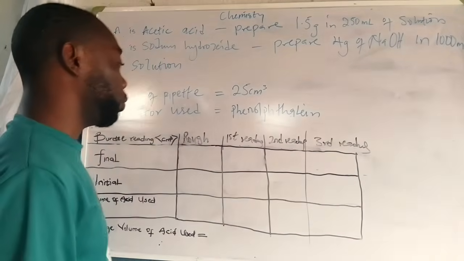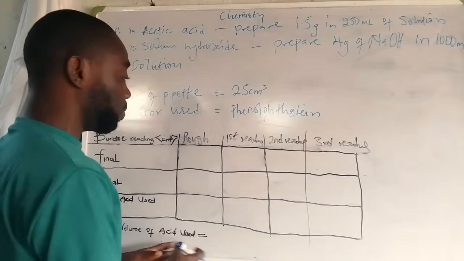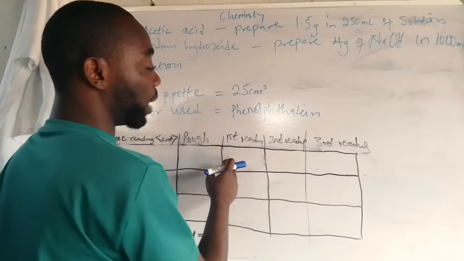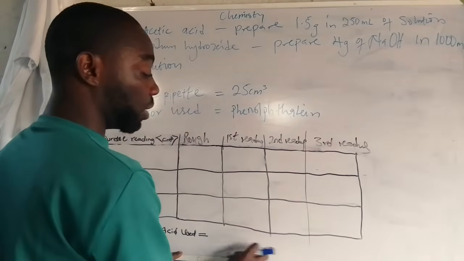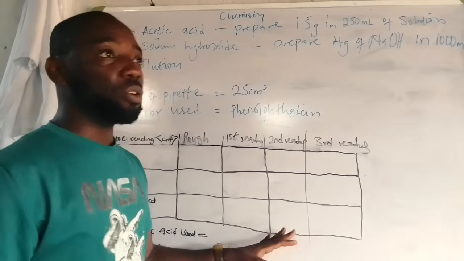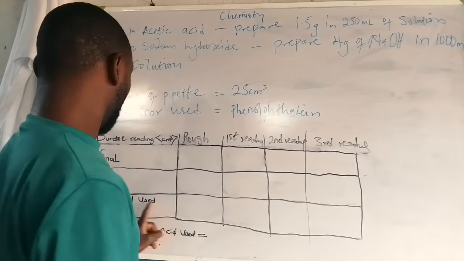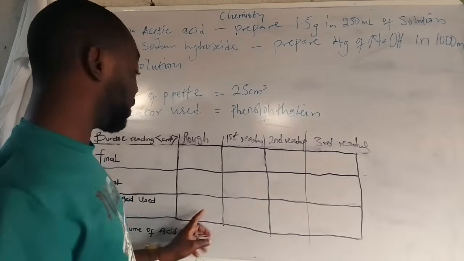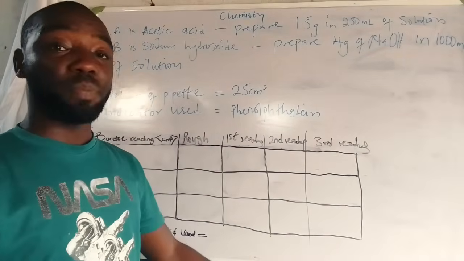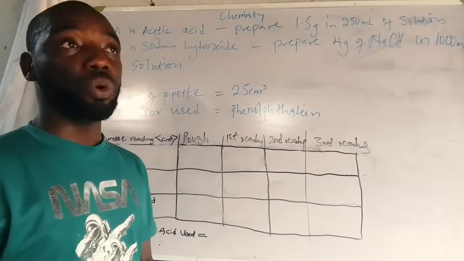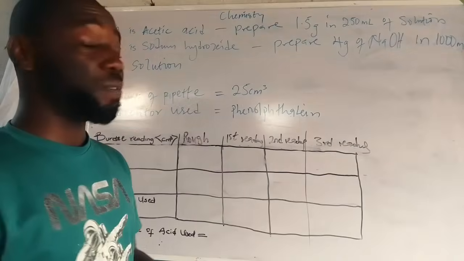For you to be able to calculate the average volume of acid, you add up 1, 2, 3, then divide it by 3. That will now give you your average volume of acid.